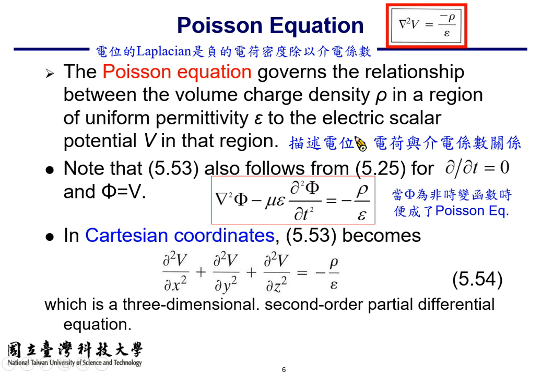The so-called second-order differential wave equation involves both the spatial distribution of the electrical scalar potential as well as the time variation.